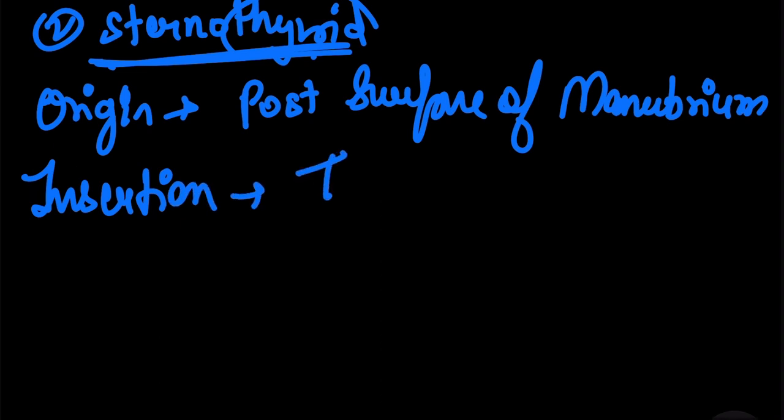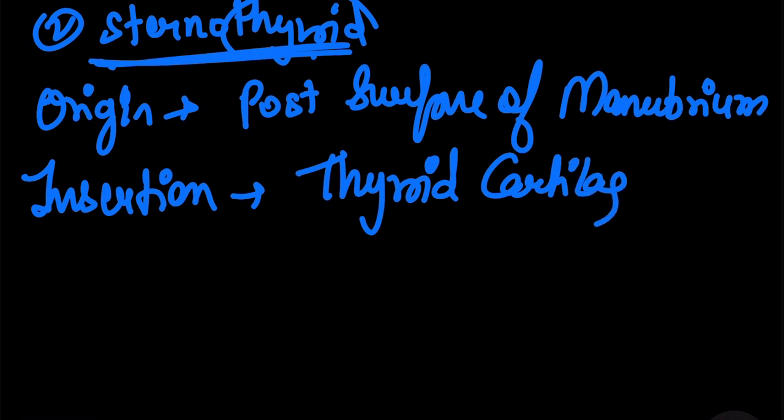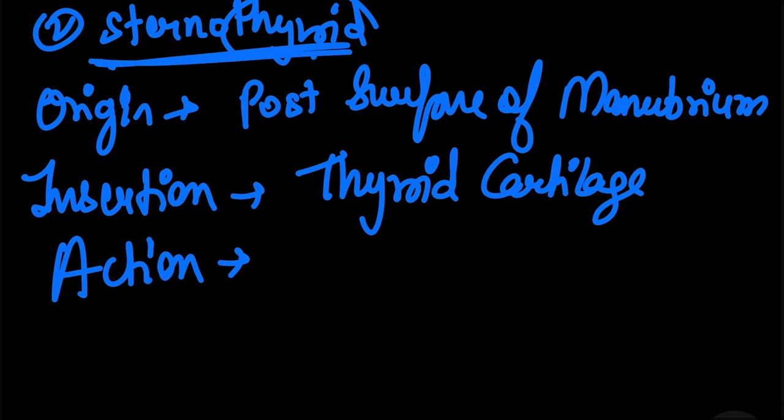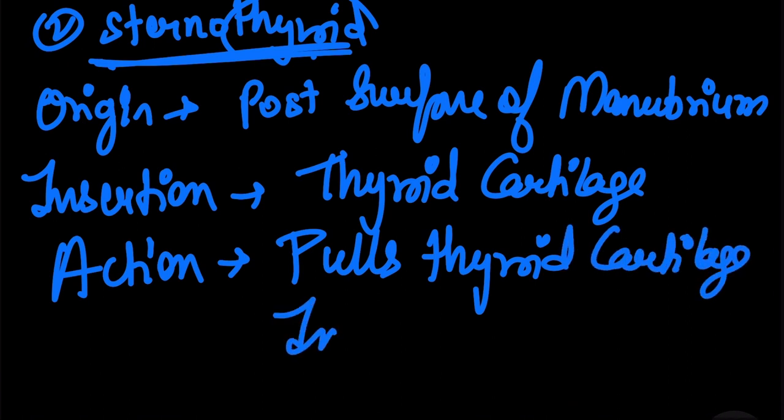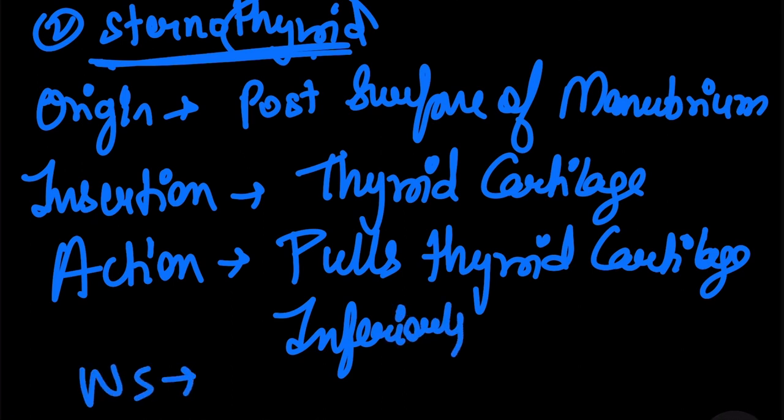Insertion will be in the thyroid cartilage. And lastly, its action. What is its action? It usually pulls our larynx and hyoid, so it pulls thyroid cartilage inferiorly. And I say nerve supply is same as cervical spinal nerve.